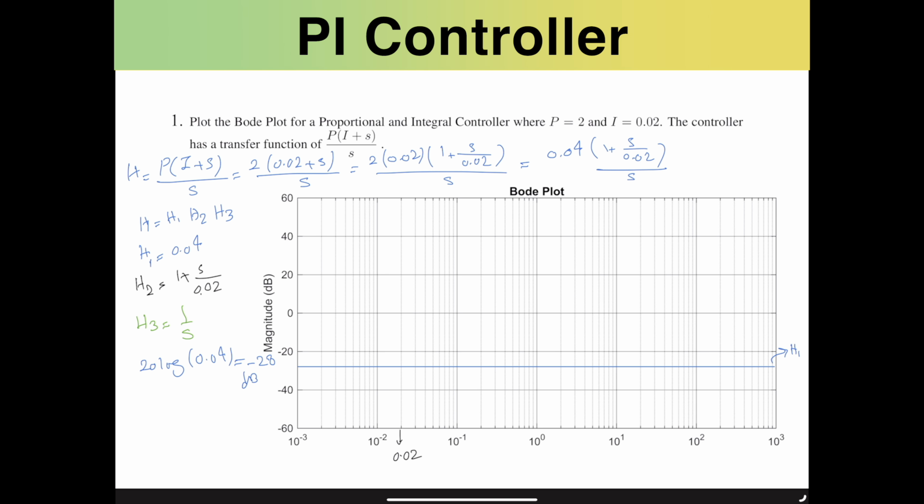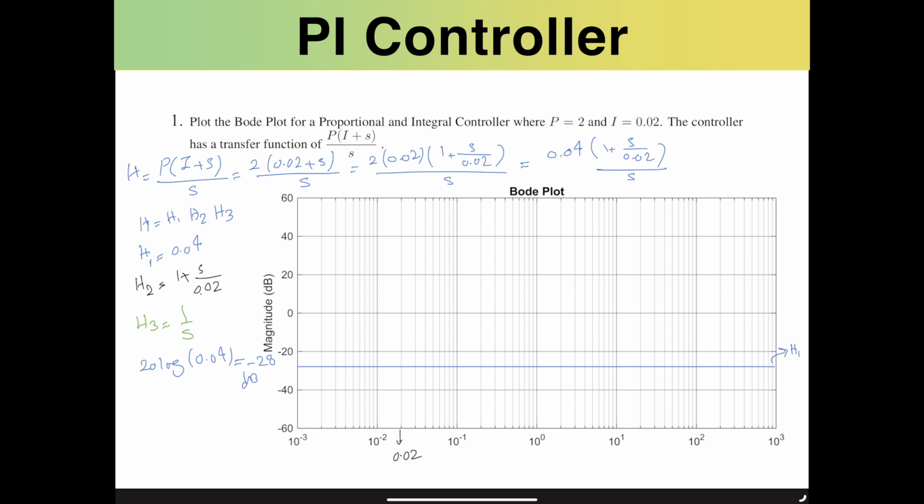Now, we know that this zero has a generic shape that is high pass, and the cutoff frequency for that is going to happen at 0.02. However, before that, everything is going to be 0 dB, and above that, it's going to be plus 20 dB per decade. So essentially, we are having something like this, in a sense.